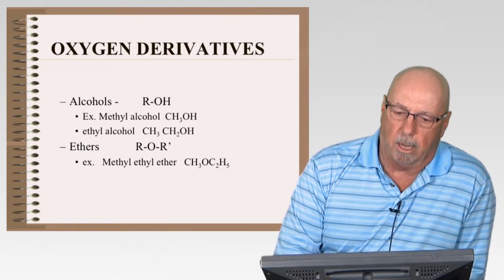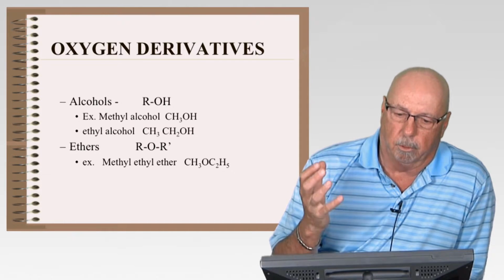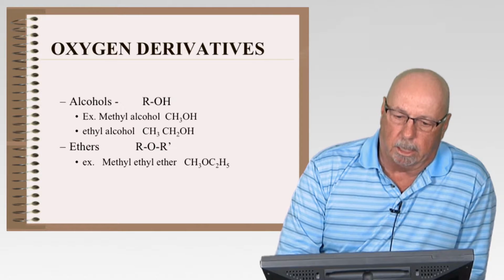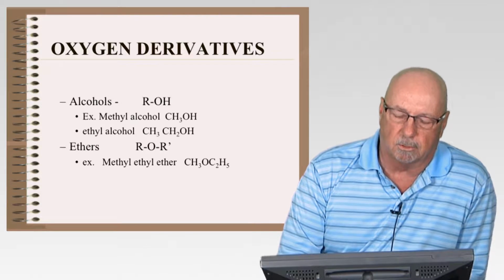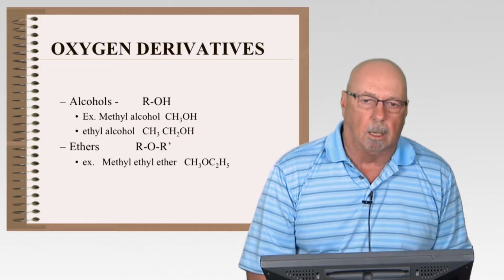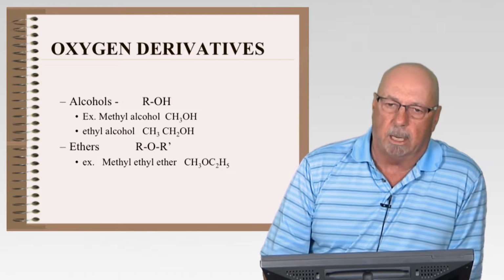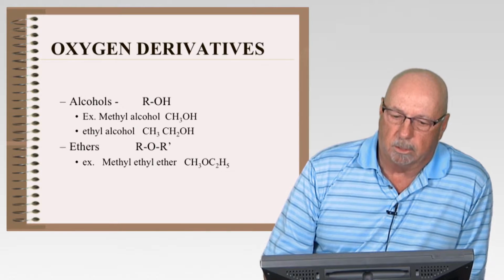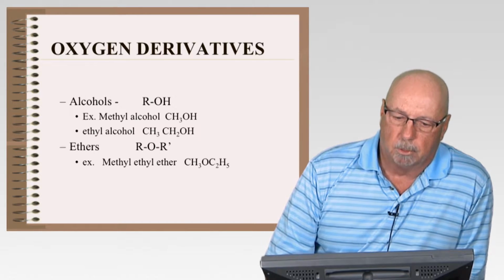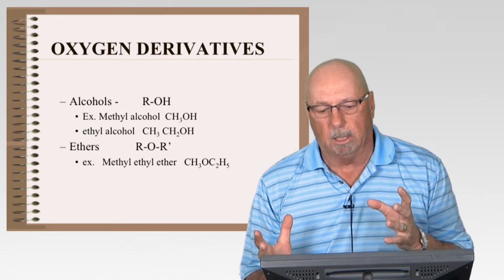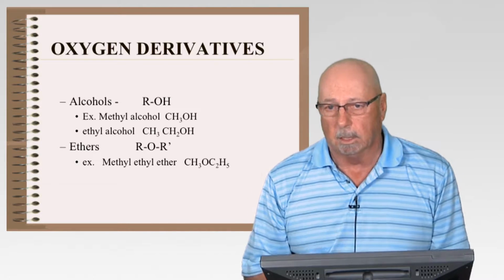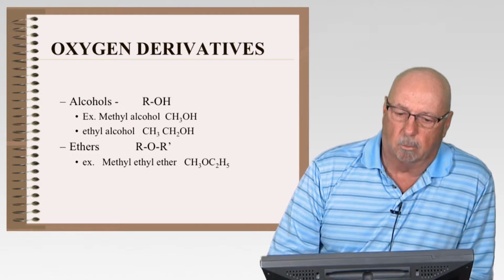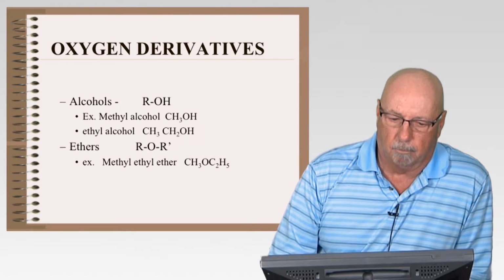And so anytime you have your basic group with an OH on it, it's going to be some form of alcohol. Again, we can see the simplest example would be methyl alcohol. So we have a methyl group, the CH3, and we bind that together with the OH to form the alcohol. An ethyl alcohol would simply mean that we've got two of the methyl groups and the OH attached to one of those, and that's going to be ethyl alcohol.